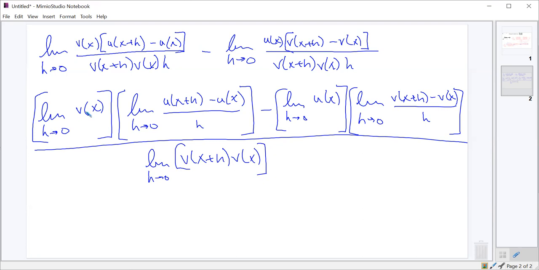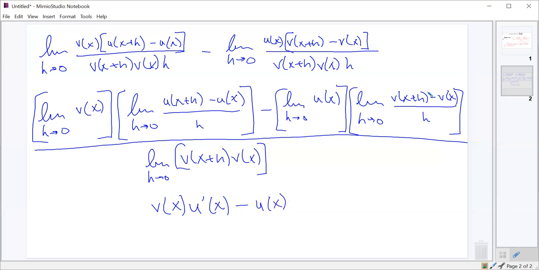The limit as h approaches 0 of v of x is simply just v of x. The limit as h approaches 0 of the difference quotient of u is the derivative of u, so u prime of x. We have minus the limit as h approaches 0 of u of x, which is just u of x.